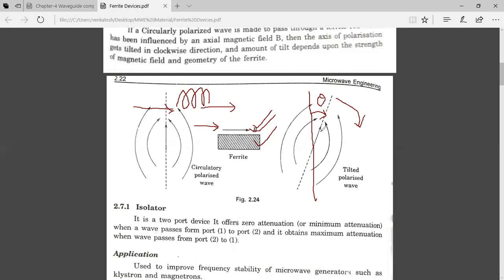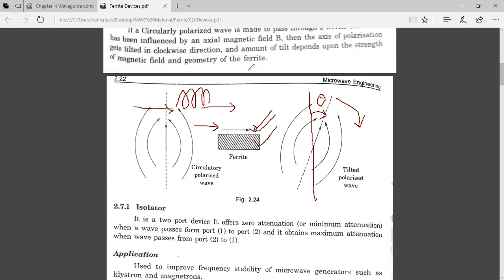So this is how Faraday's principle is explained. This type of rotation of the circularly polarized wave is called Faraday's rotation. Based upon Faraday's rotation, this is how the ferrite rods are explained.